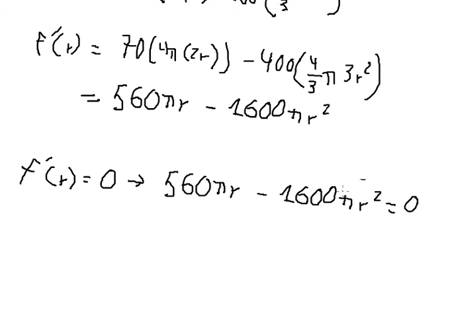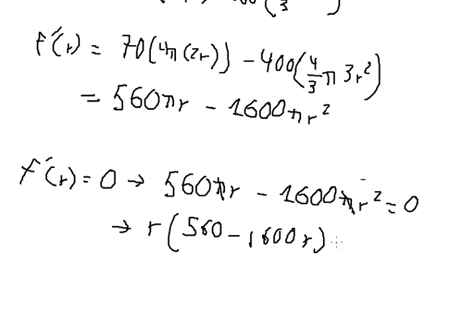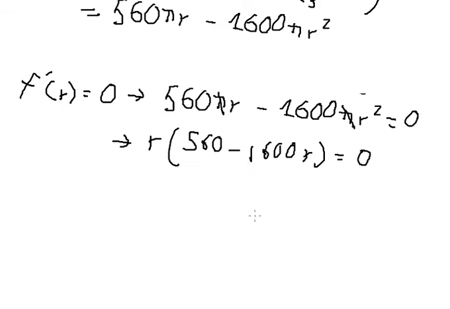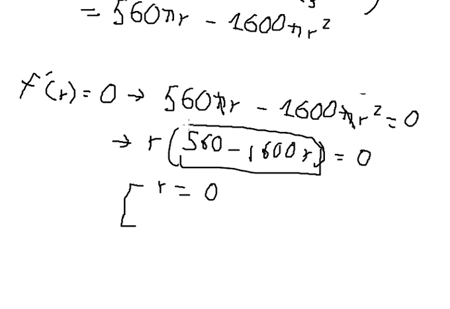Now we need to simplify π and π, and we just have only r, so we can do factorization. So we have two solutions. r equals 0, and this one equals 0.